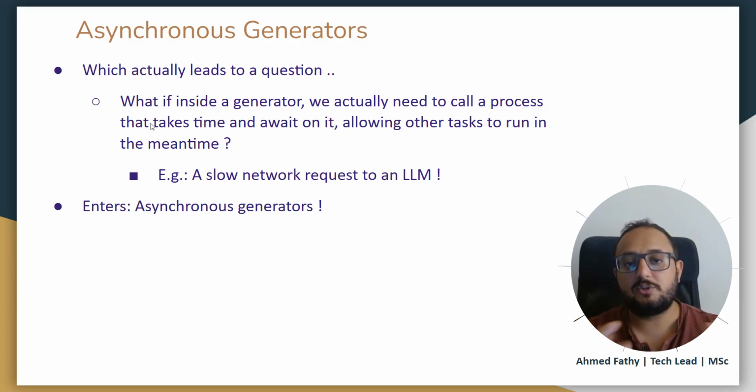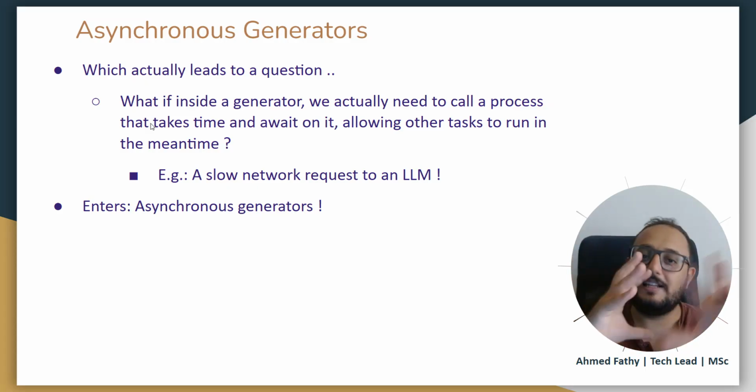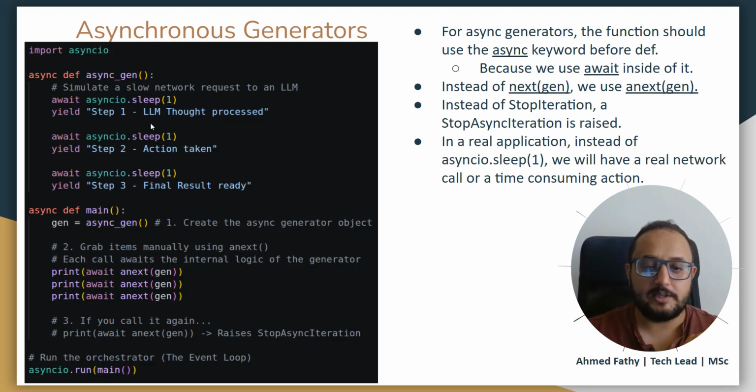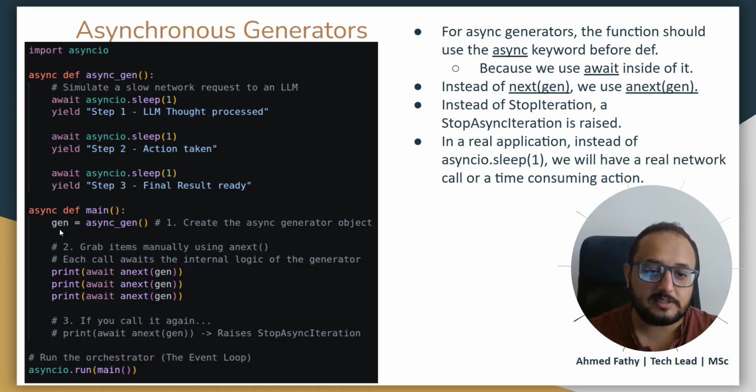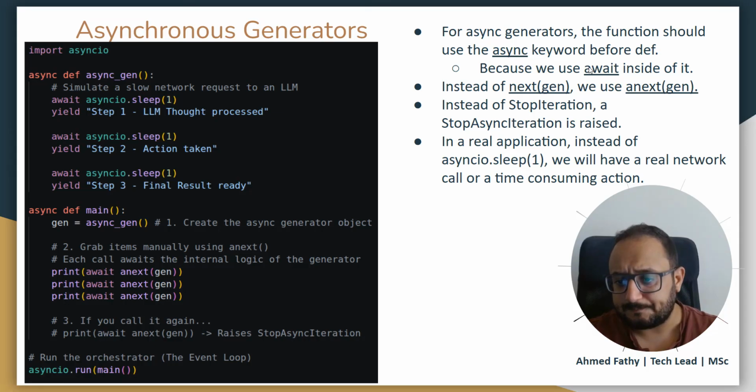So for asynchronous generators, you will have both yields together, which is a little bit weird. So let's read here. For async generators, the function should use the async keyword, so async def. This is what we had before with async IO in general. Because we would like to use await inside of it, and as I said before, this actually converts the function into a coroutine as well.